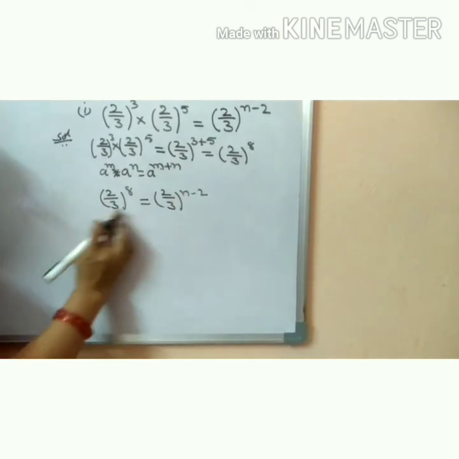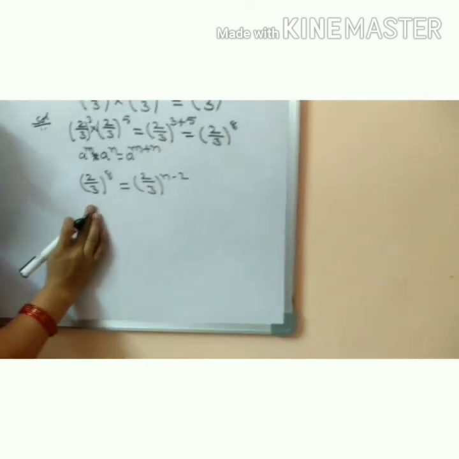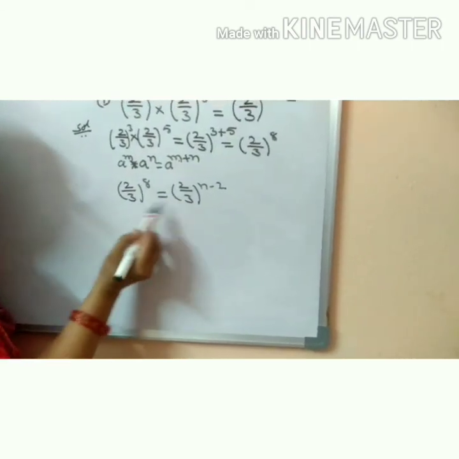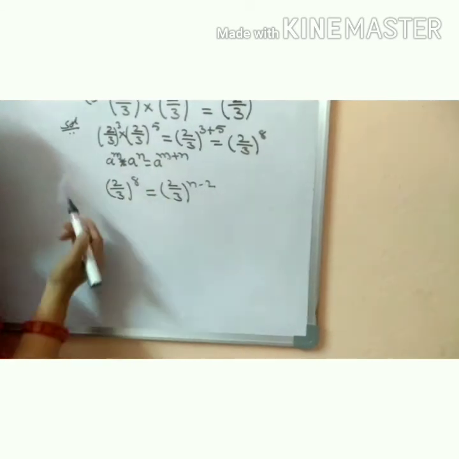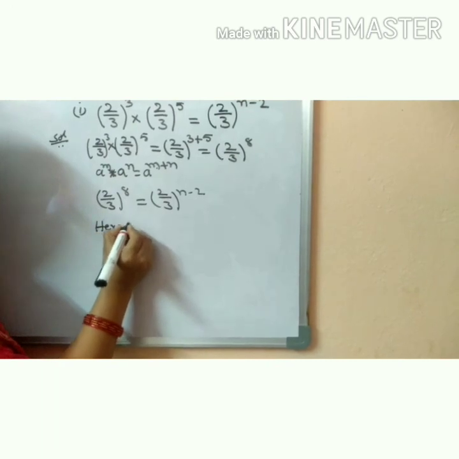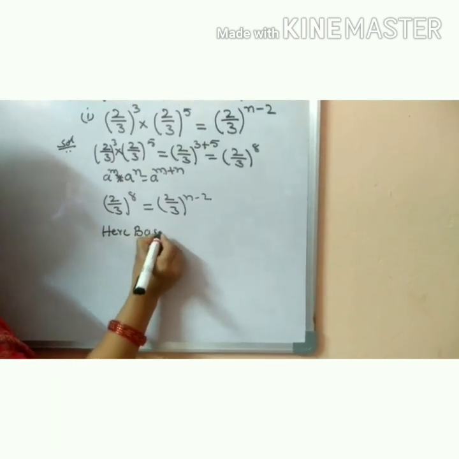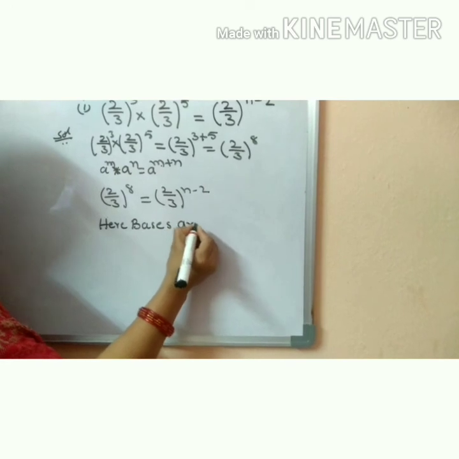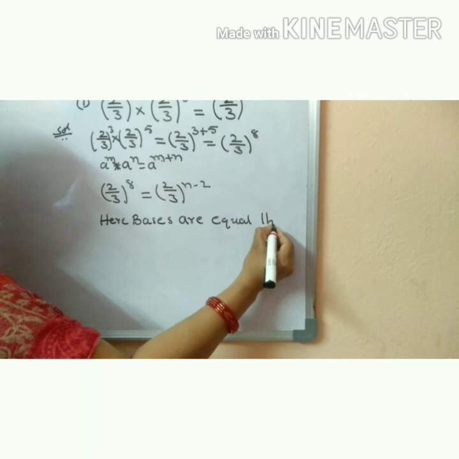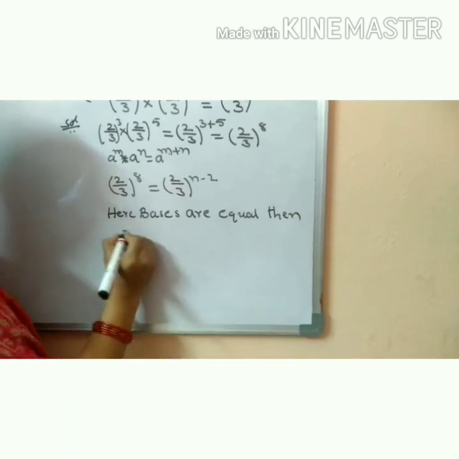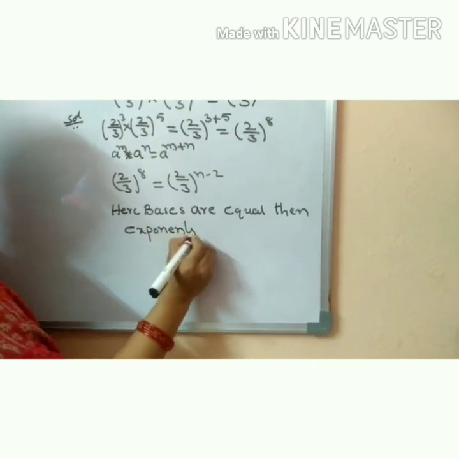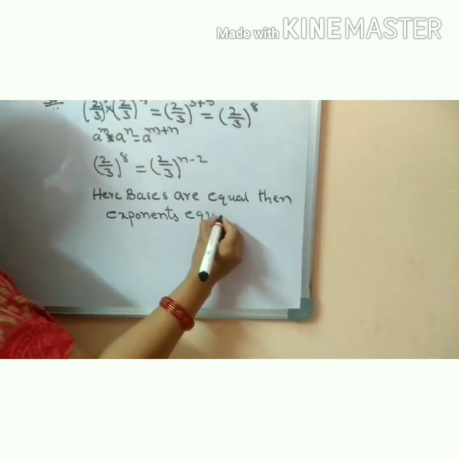On both sides the bases are the same, then the exponents are equal.